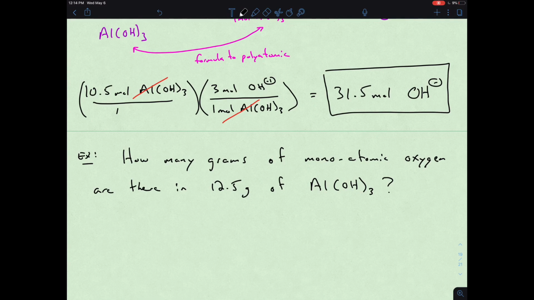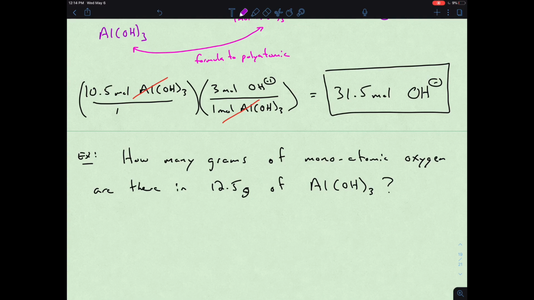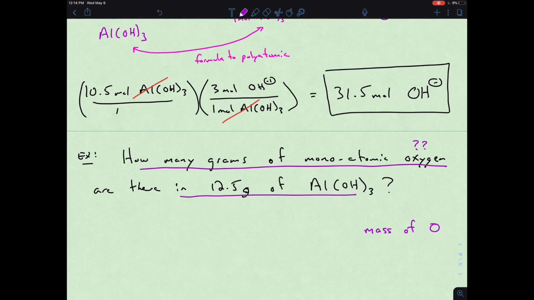Now we're not going between a mole-to-mole conversion, but really looking at a mass-to-mass conversion, and the mass-to-mass conversion is an important one. Again, I like to break it down into where are we going and what do we know. We're asked how many grams of monoatomic oxygen there are, so we're looking for a mass of O, or oxygen. And we're given 12.5 grams of this aluminum hydroxide.